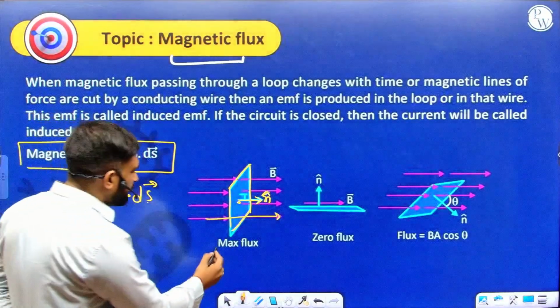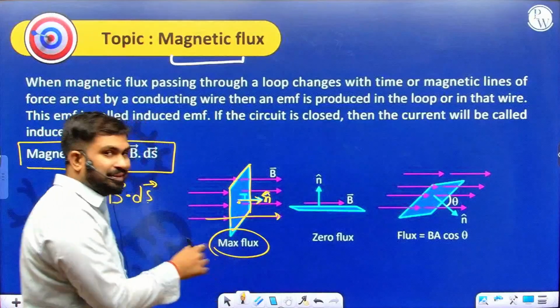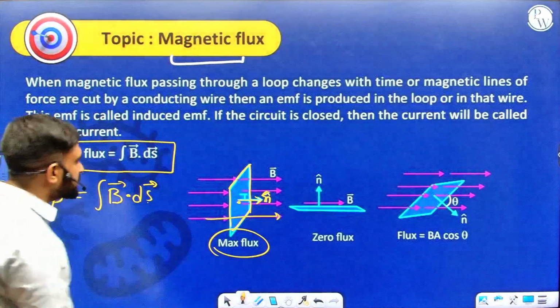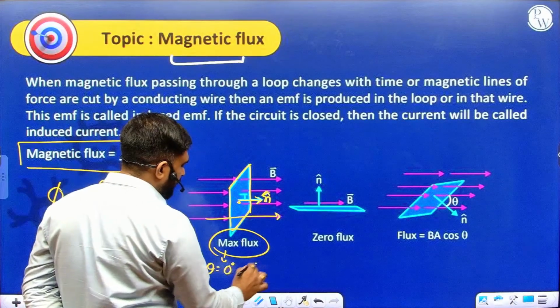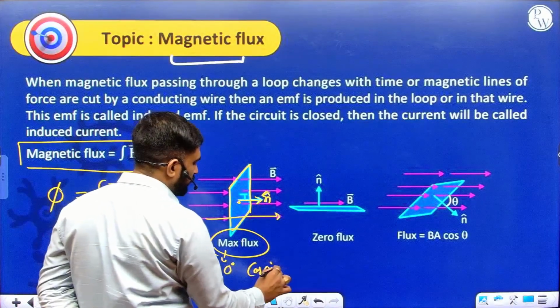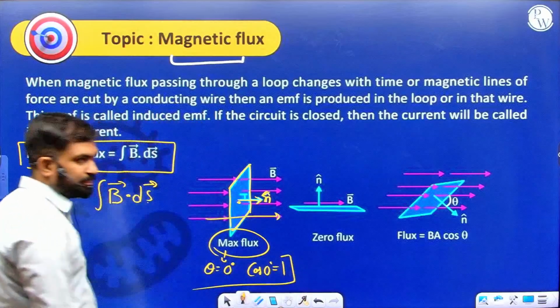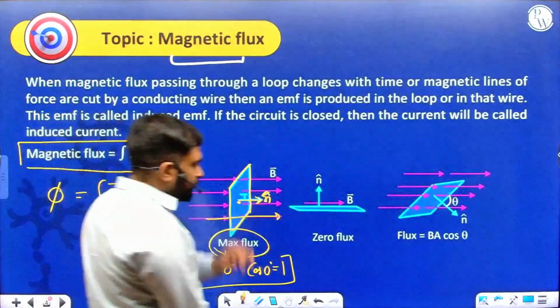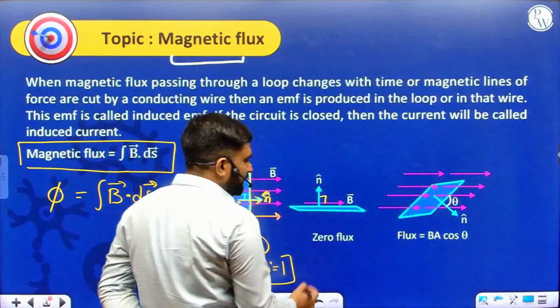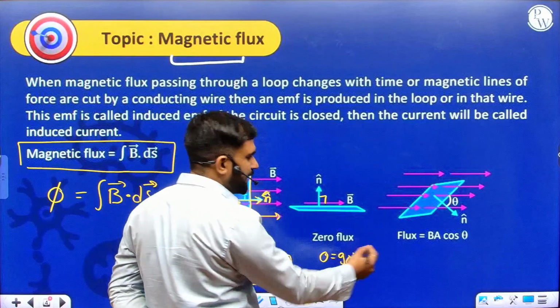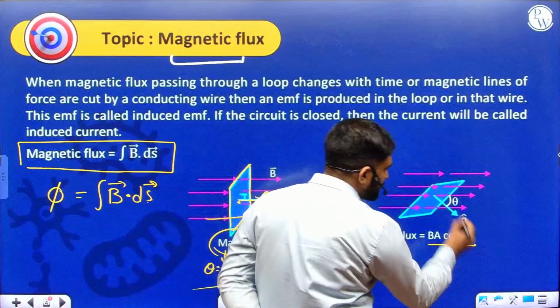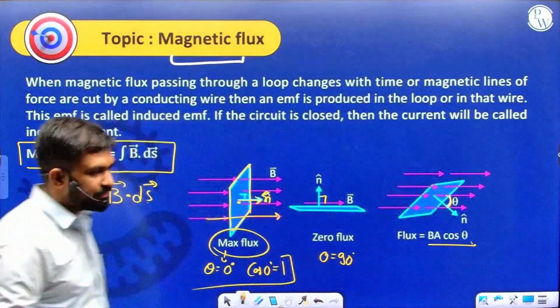If they are parallel, the magnetic flux is maximum, because the angle between the two is 0 and cos 0, as you all know, is 1, the maximum. Zero flux is when the angle between the area vector and the magnetic field is 90 degrees, and then any general value when the angle is theta.